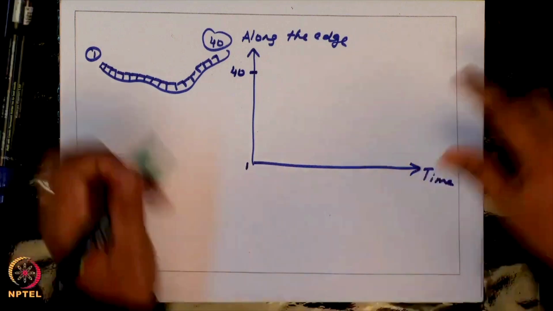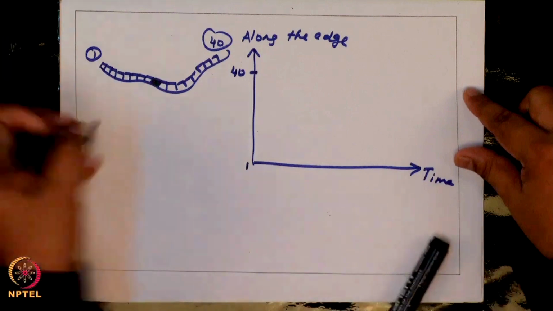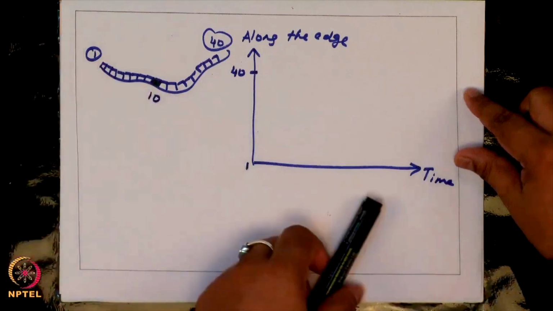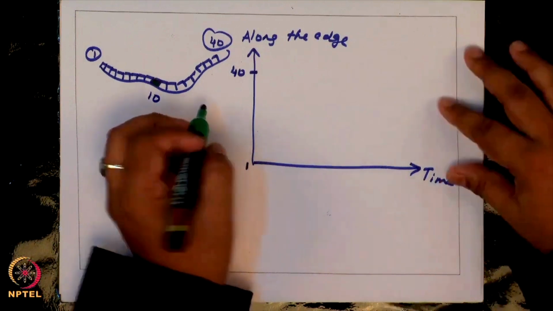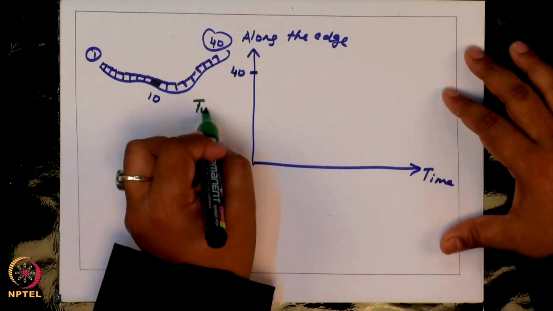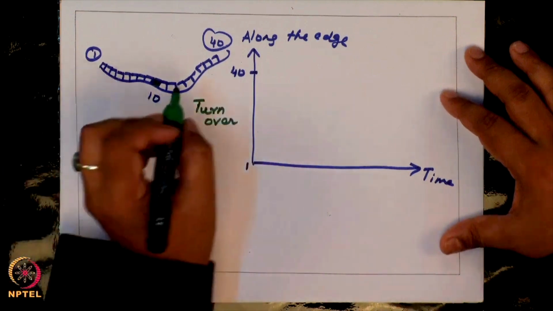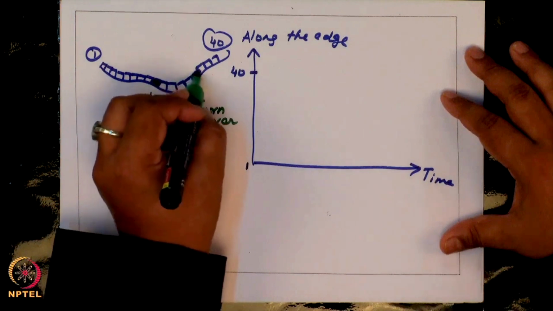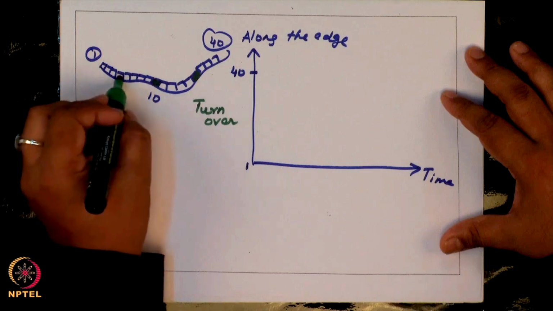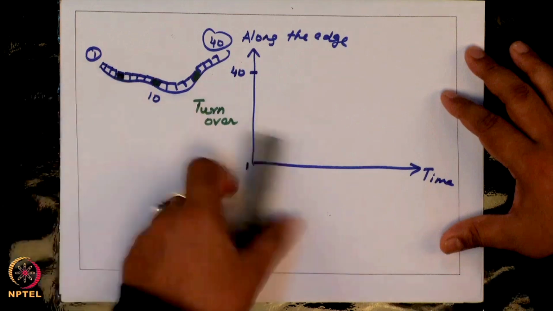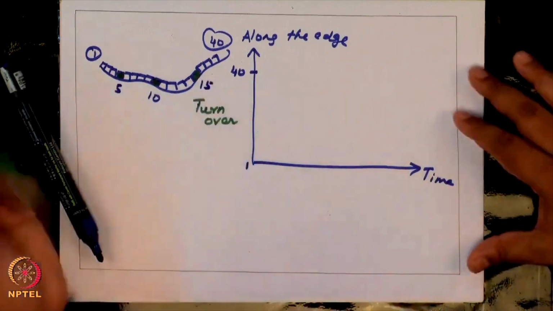Let us assume at positions 5, 10 and 15 you have polymerization events.